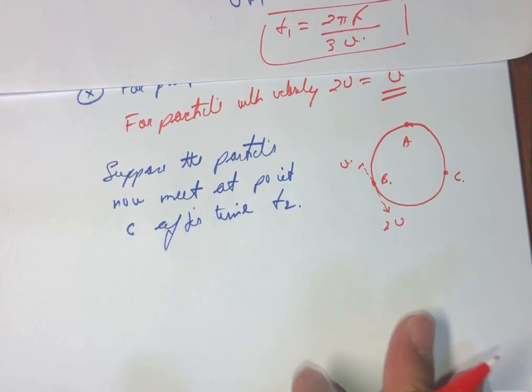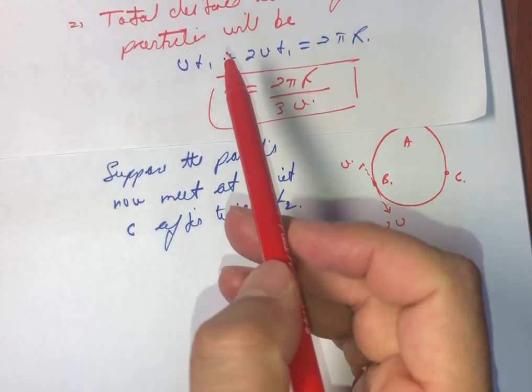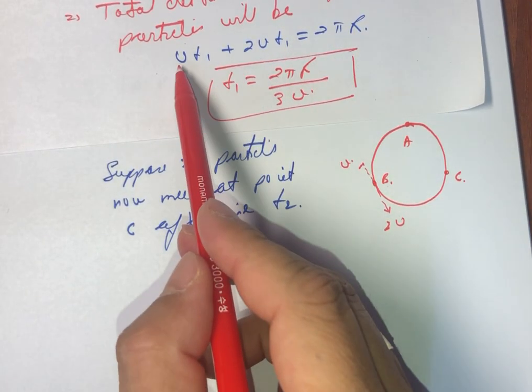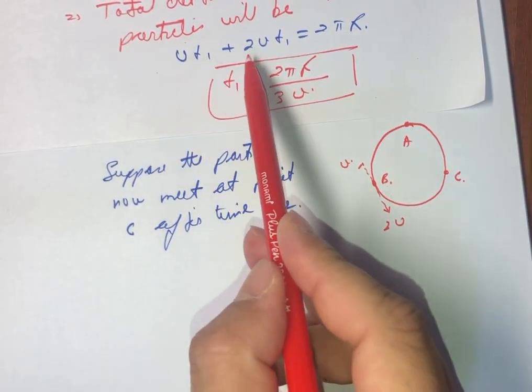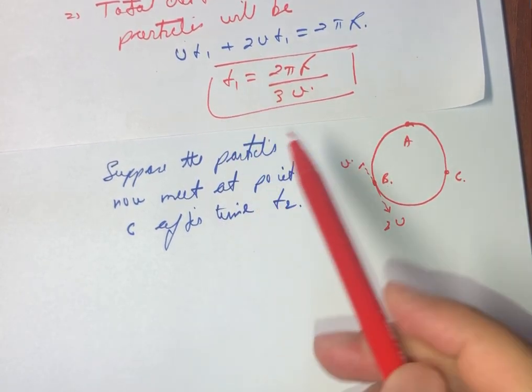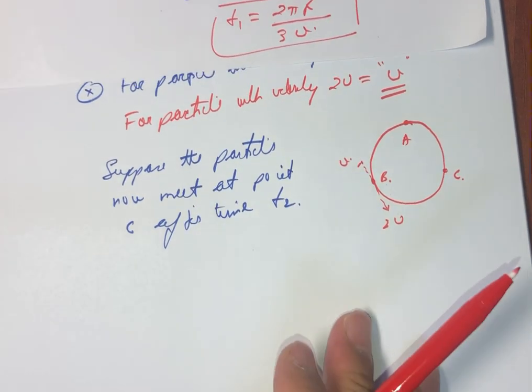So once again we can use the same concept. The total distance covered will also be equal to 2 pi r, so it will be vt2 plus 2vt2, which is equal to 2 pi r, and similarly we are going to get the same value of t2.